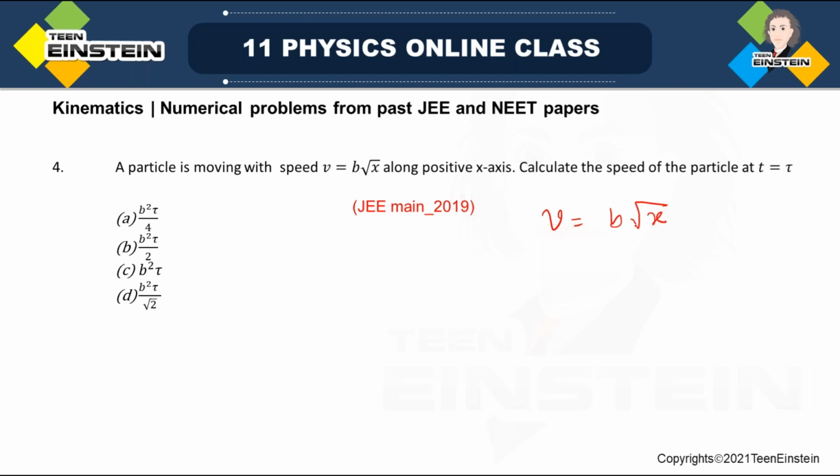So we'll now try to solve this problem. If you want to find out the speed, how do you do that? One thing is that s is equal to vt, right? This you know. So v is equal to ds/dt, but we don't know ds and dt, so in this way it is difficult to do.